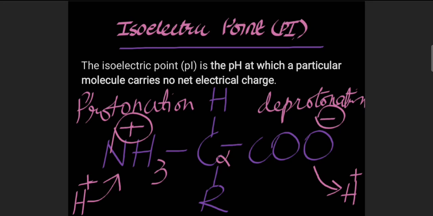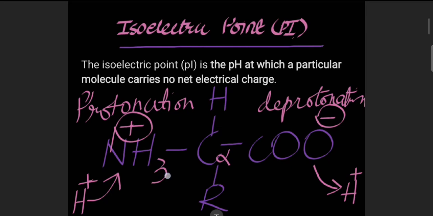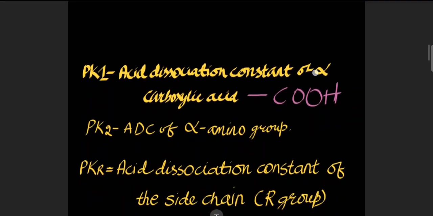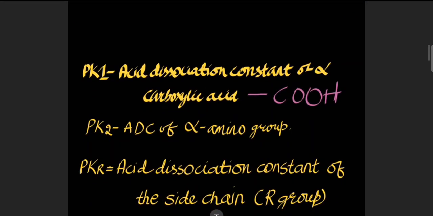So this is the pKa₂ value. Another one is the pKr value, which is the acid dissociation constant of the side chain or the R group.